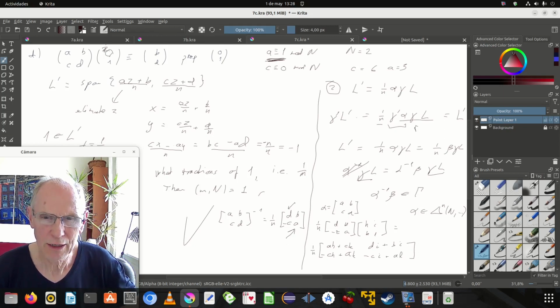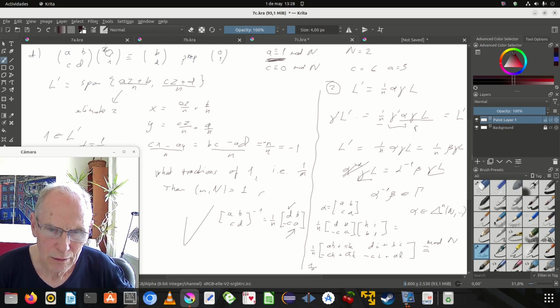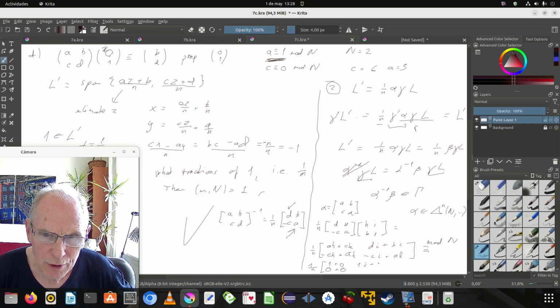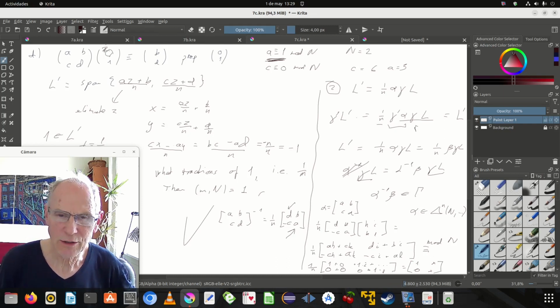And modulo n, A is unity, H is unity, C is naught, C is naught, K is naught, D is unity times I plus, this doesn't matter really, but this minus naught plus 1 times L, one naught, and that's actually the definition.